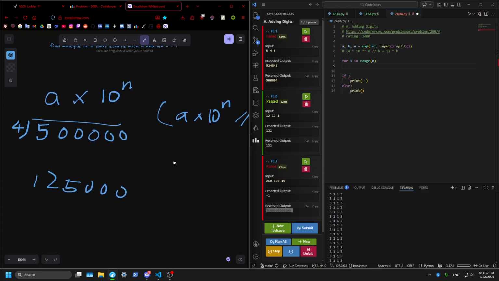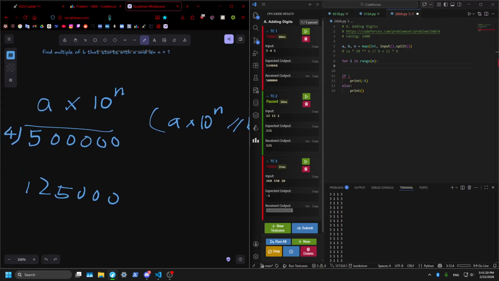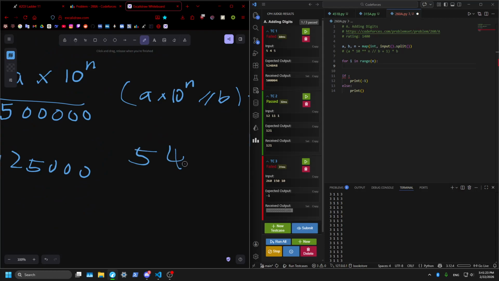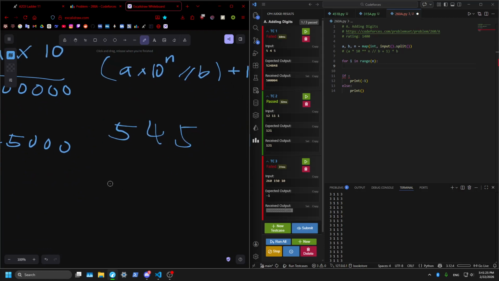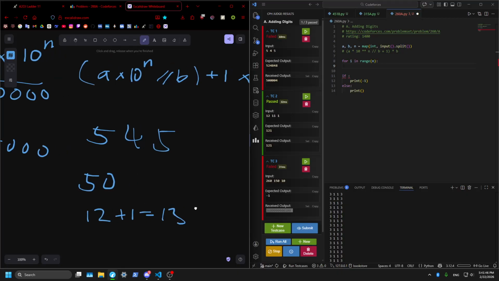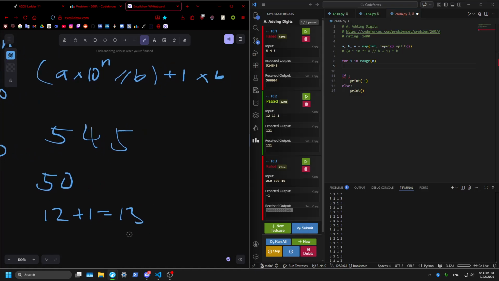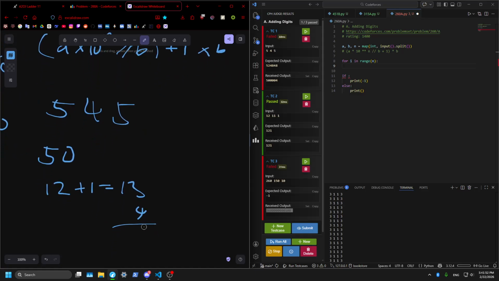So if we have 545, first time we do it, we have 5. 5 times 10 is 50, divided by 4. 50 divided by 4 is 12 plus 1, 13 times 4 is 52.